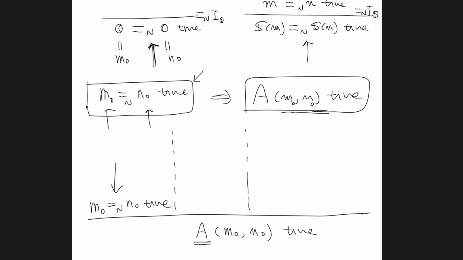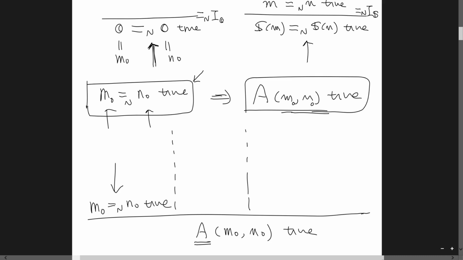So therefore, it suffices to prove A of 0 and 0 true. That's all we need, because m0 is actually 0 and n0 is actually 0. So the first case is gone.